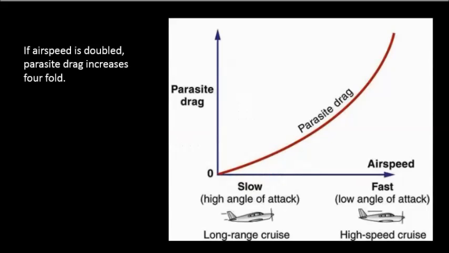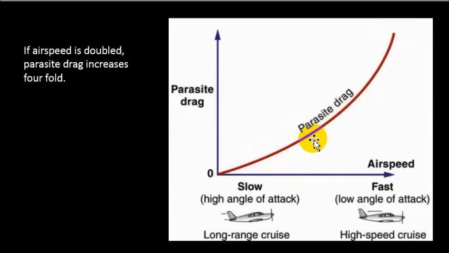Another thing we need to notice about parasite drag, and again, don't let these diagrams or tables fool you. It's not anything to be scared of. All it's showing you is parasite drag is 0 when our airplane is slow, and then at high speed cruising, as we increase airspeed, the parasite drag starts at nothing, it's low when we're slow, and it actually increases with airspeed.